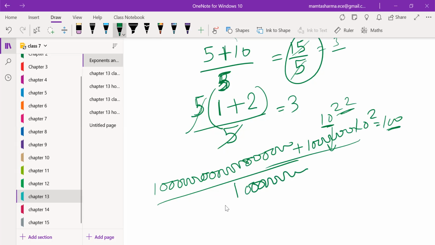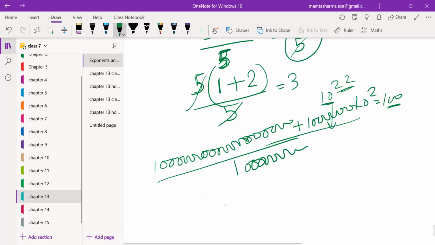So how will you solve this? It would be difficult and you may make mistakes by solving.